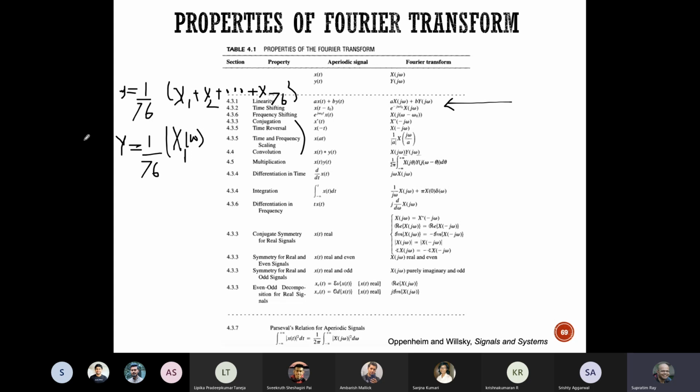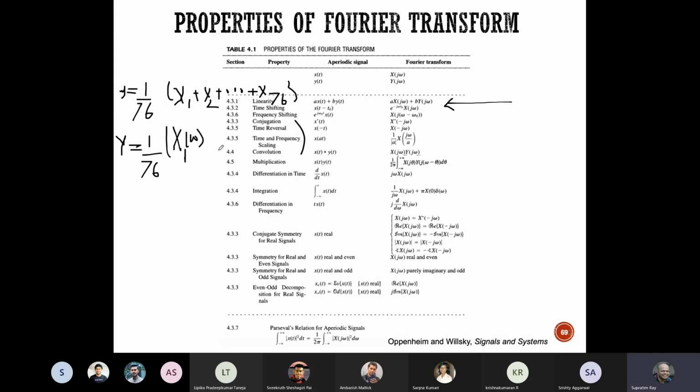So if I give you y, you could just take the Fourier transform of y directly. And linearity tells you that it's going to be the same as the average of the 76 different Fourier transforms.